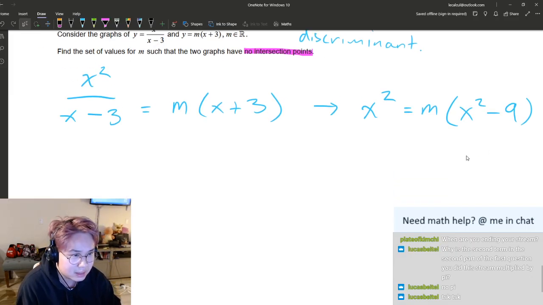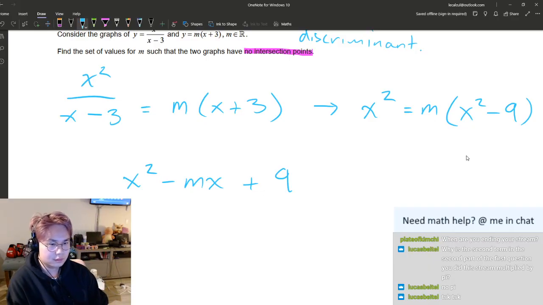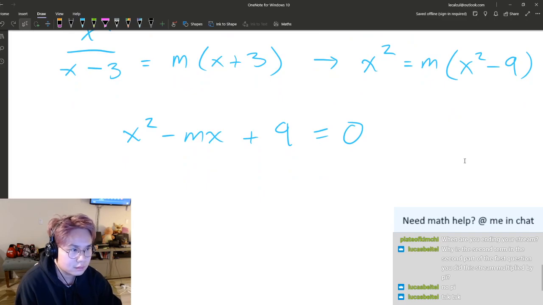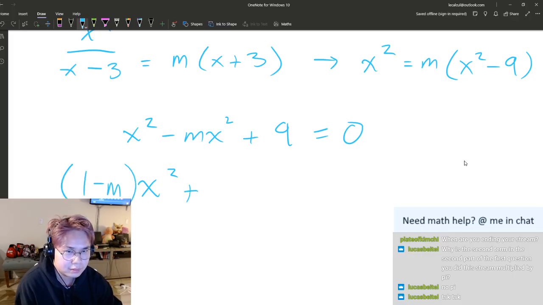And then let's collect things together on one side, and then let's just factor out the x squared.